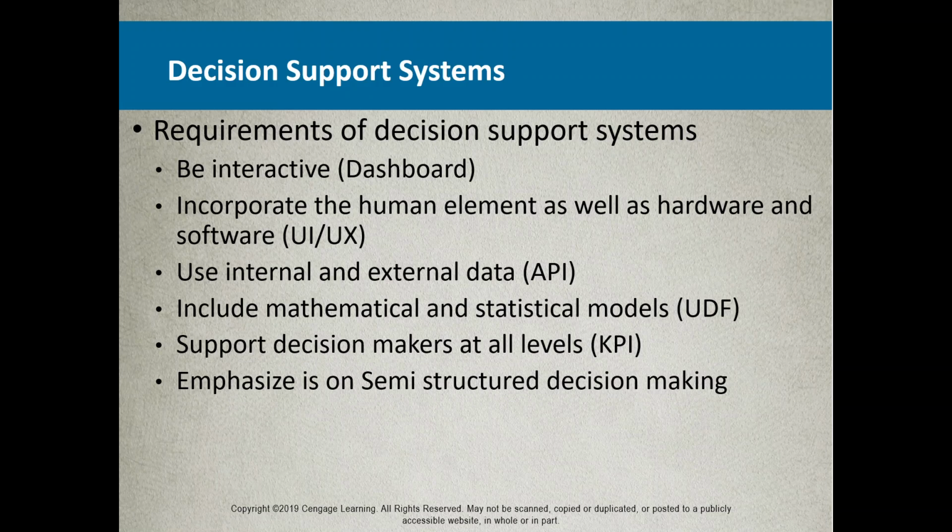It is a semi-structured decision-making tool. Most MIS systems, by the way, are semi-structured. They're not fixed. They usually have variable data that is being considered in helping make the decisions using the structure of MIS.